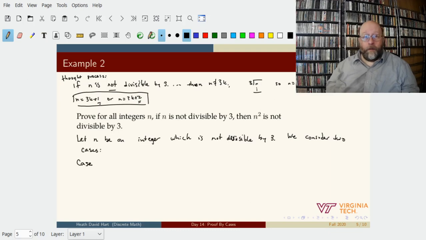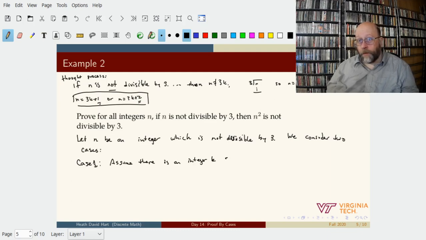The first case is we're going to assume there is an integer k such that n equals 3k plus 1.